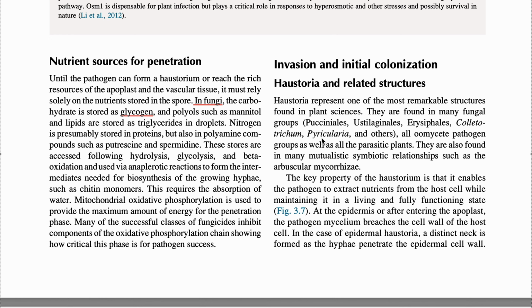They are also found in many mutualistic symbiotic relationships such as arbuscular mycorrhiza. The key property of haustoria is that they enable the pathogen to extract nutrients from the host cell while maintaining it in a living and fully functioning state.